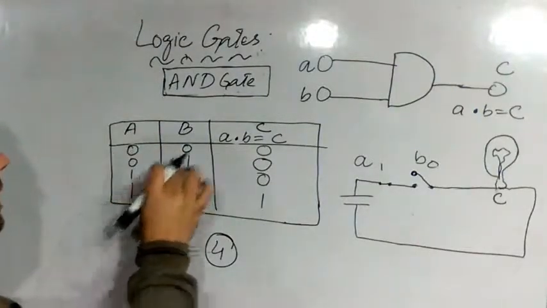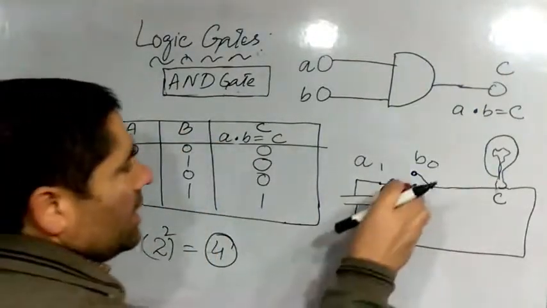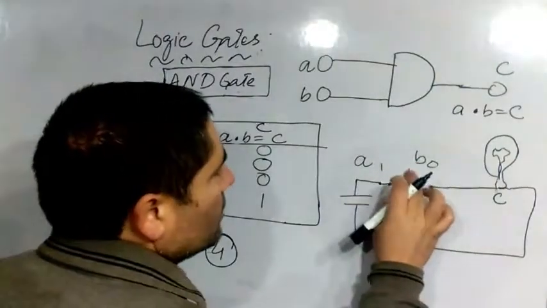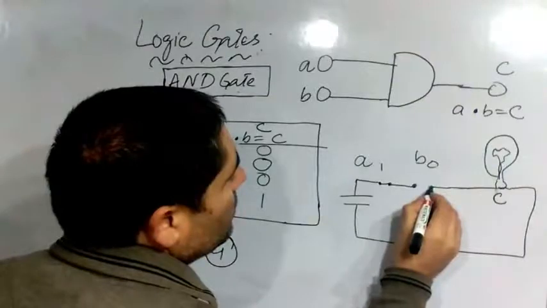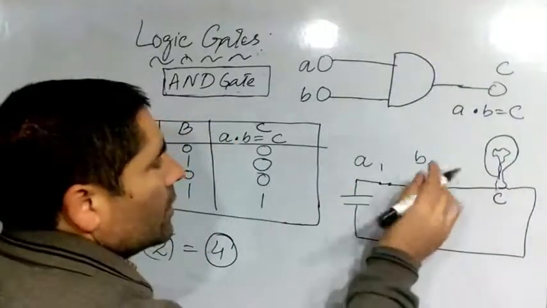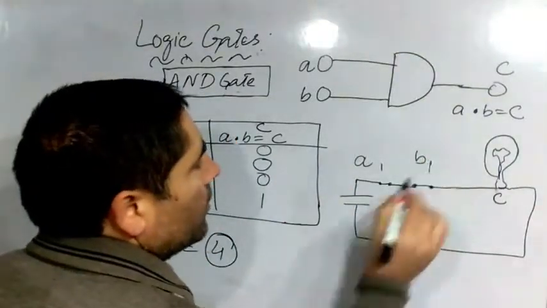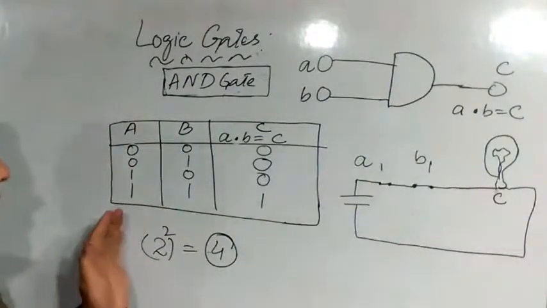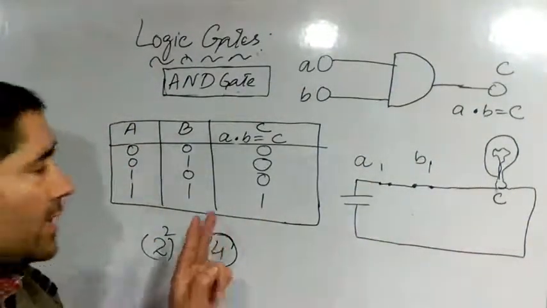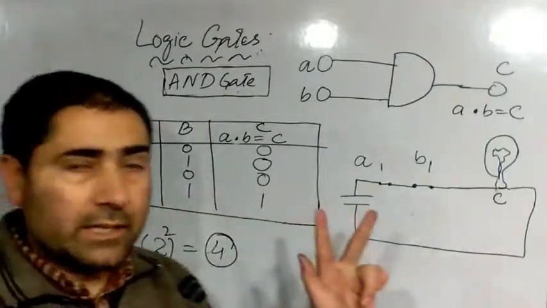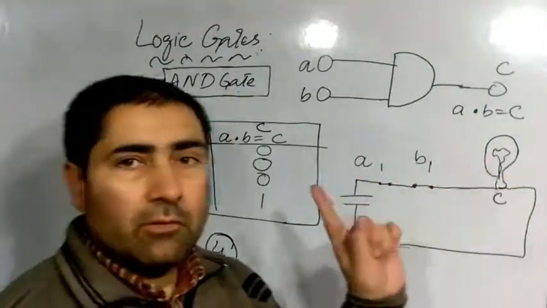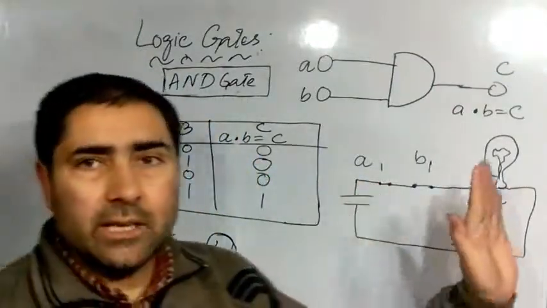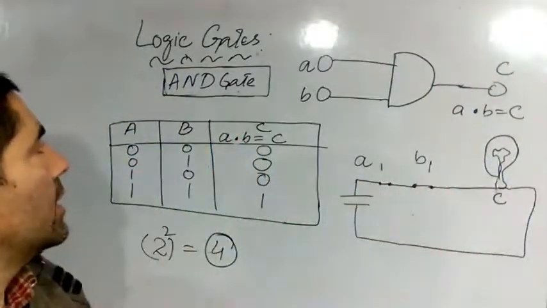If A is 1, B is 1, like this, the bulb will glow. So it is clear that when both the inputs are 1, when there are two signals, the output will be 1. Otherwise, in all the other cases, the output will be 0 in terms of this AND gate.